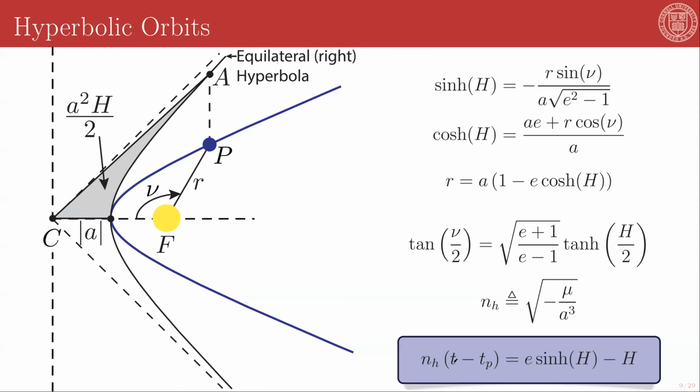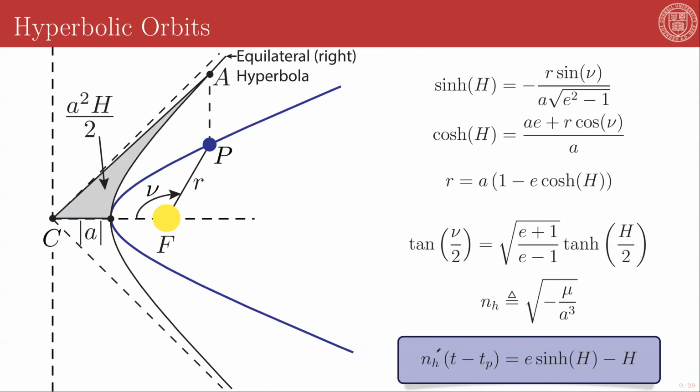And the time equation that you get also looks exactly the same, except for a flipped sign, where n sub h, the hyperbolic mean motion, is given by the square root of negative mu over a cubed, because recall that for a hyperbola, a, the semi-major axis, is defined as being negative. So this has to be a strictly positive quantity inside the square root, hence the negative sign.